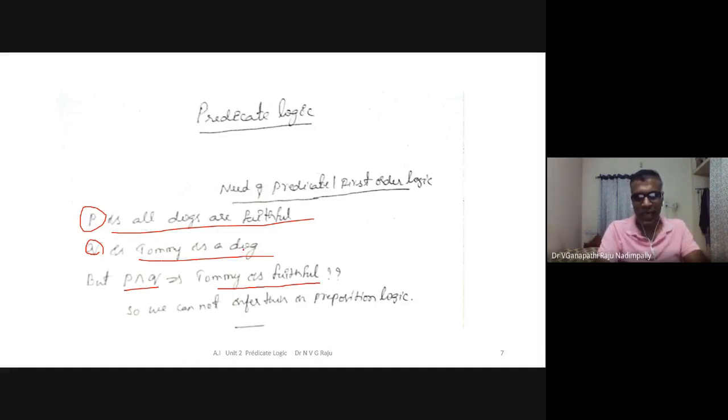I'm saying one dog is faithful. That doesn't mean that all dogs are faithful. We cannot infer this in propositional logic. I can say that Tommy is faithful, but not if I take Jim, or Jill, or XYZ. They are not faithful. Only Tommy is a dog and it is faithful. I cannot infer this rule for all the dogs. Now slowly move to the next example, please.